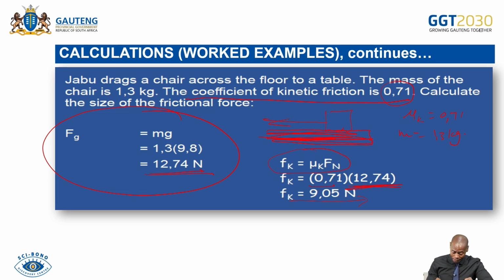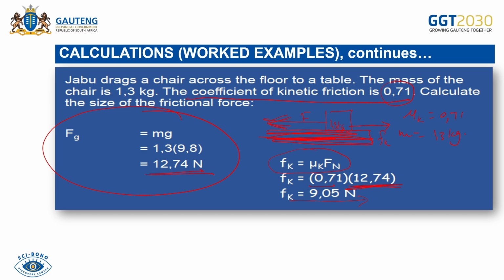Okay? So it's dragged horizontally. Then there's a force that opposes the motion, which is Fk in this case, because the object is in motion. Okay? Then we are given the mass of the chair as 1.3.